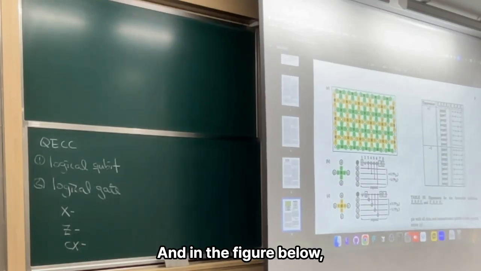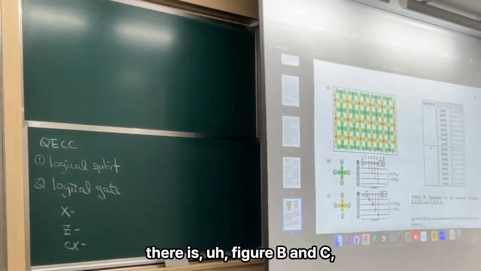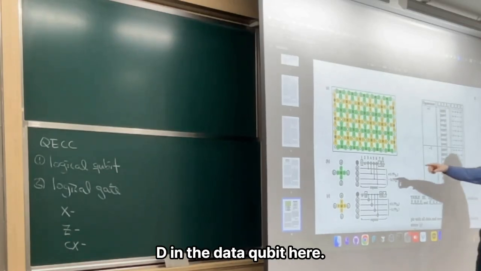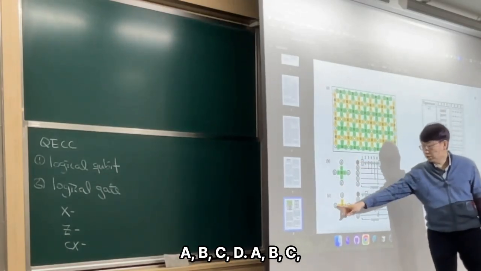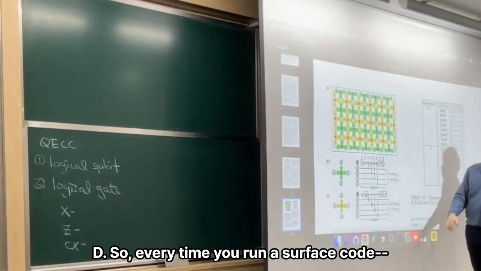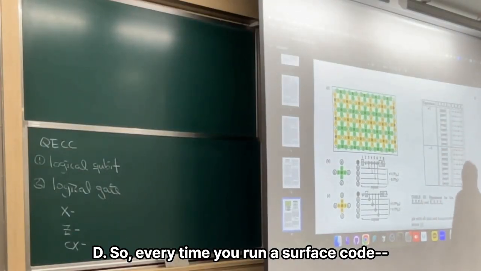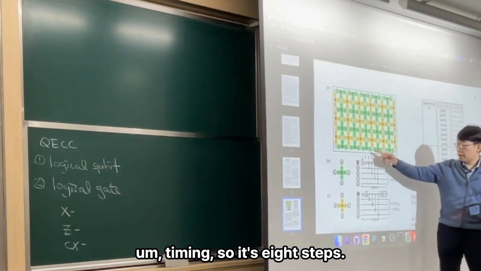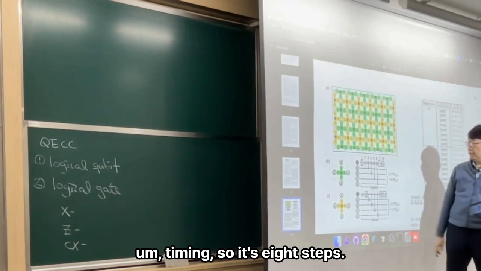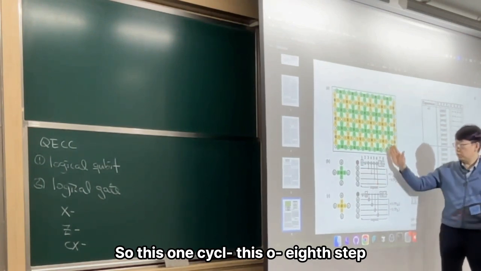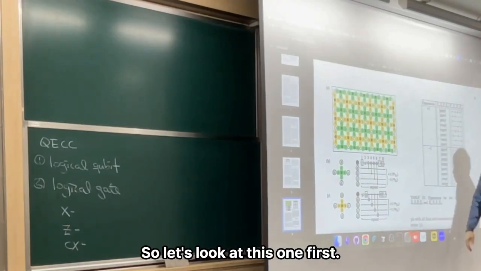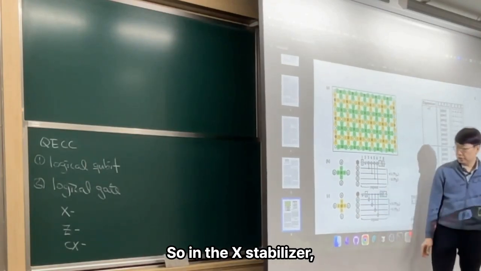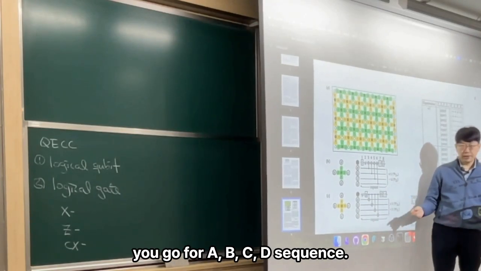In the figure below, there are figures B and C, and there is A, B, C, D on the data qubits. Every time you run the surface code, there are in this case 8 timing steps, and these 8 steps are one cycle. Let's look at this one first. For the X stabilizer, you go in the ABCD sequence.